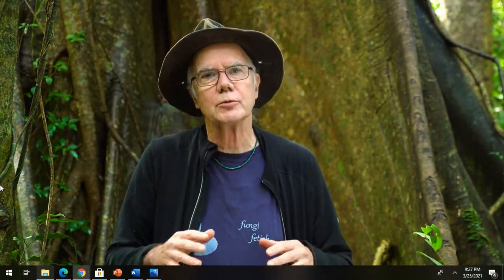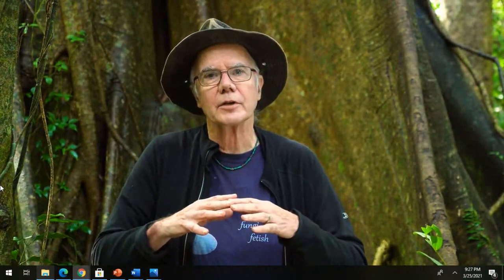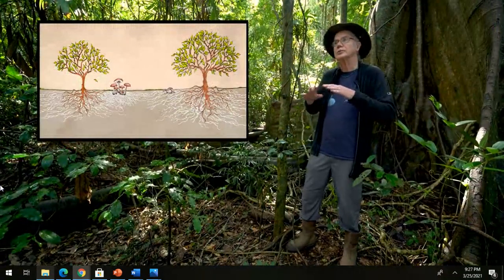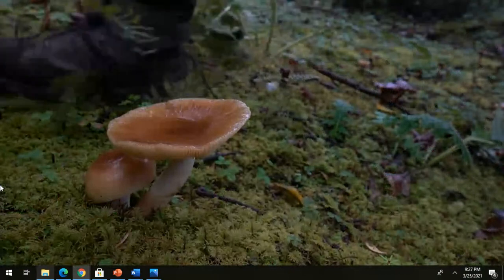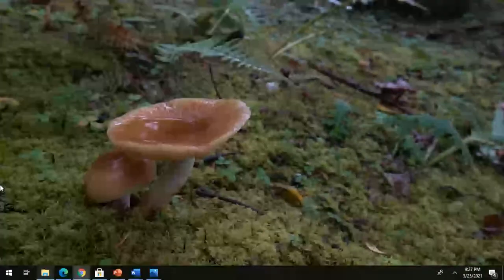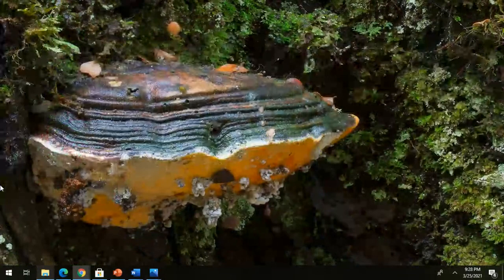To a certain extent, the trees can communicate with each other through the web, perhaps warning each other of insect pests or sharing nutrients across the forest. Scientists are just starting to find out how to use this network. But what we do know is that trees connected in the forest by a fungal network survive much better than individual trees do on their own outside the forest.